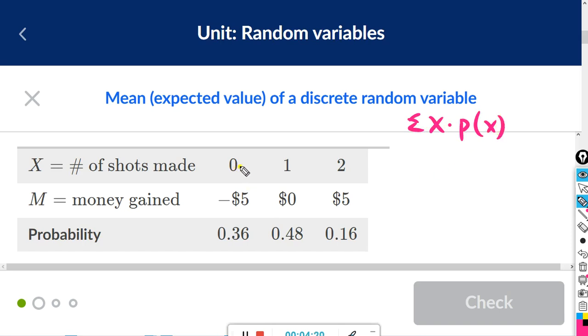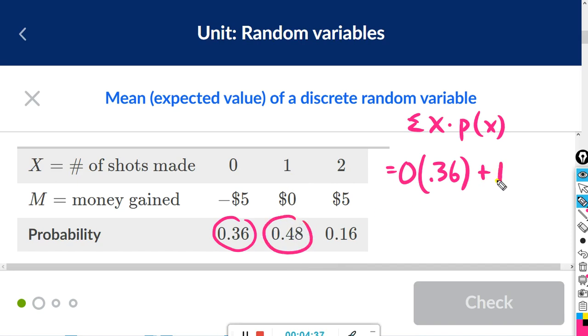For 0 shots, that's the first x, and the probability is 0.36. For 1 shot, the probability is 0.48. And for 2 shots, the probability is 0.16.